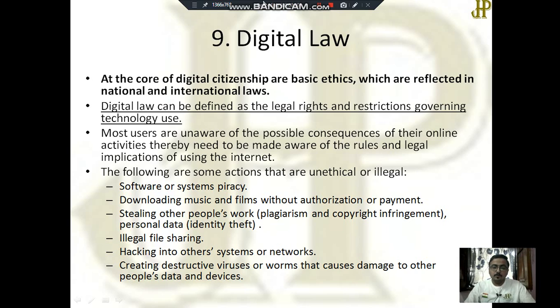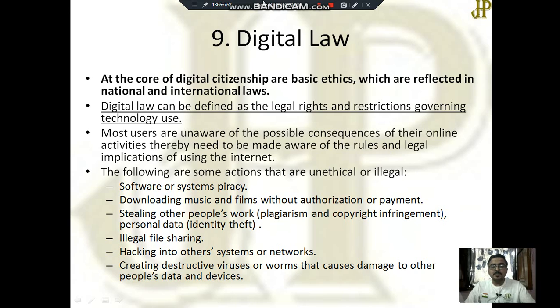So we have to know about that law and work accordingly. Most users are unaware of the possible consequences of their online activities. Thus, legal implications can be applied to a user using the internet inappropriately.